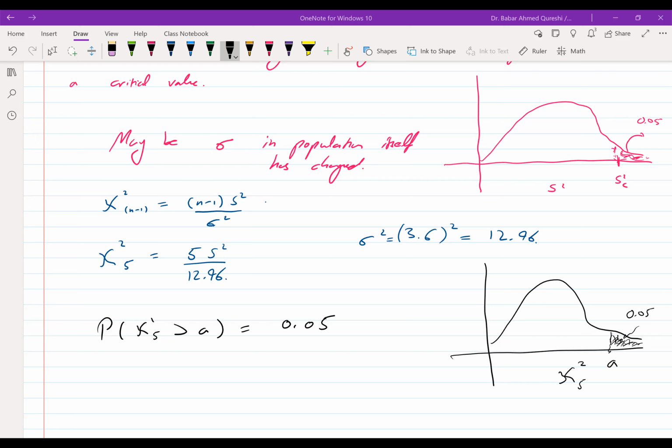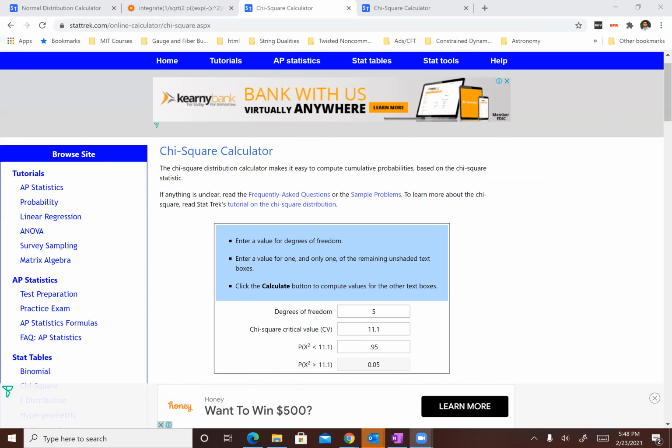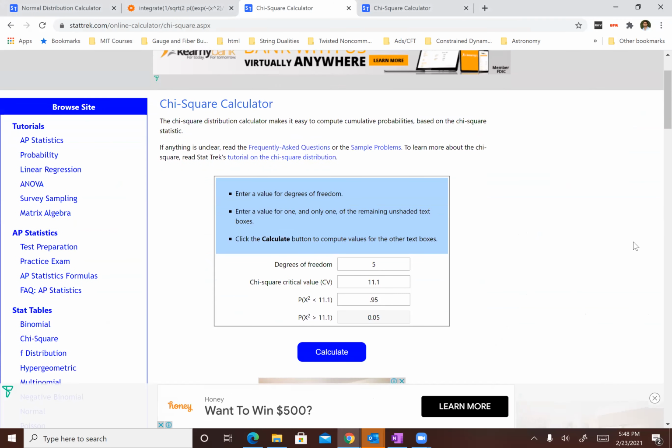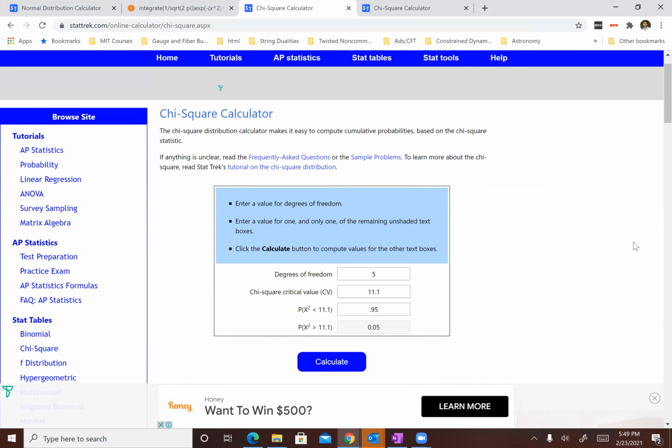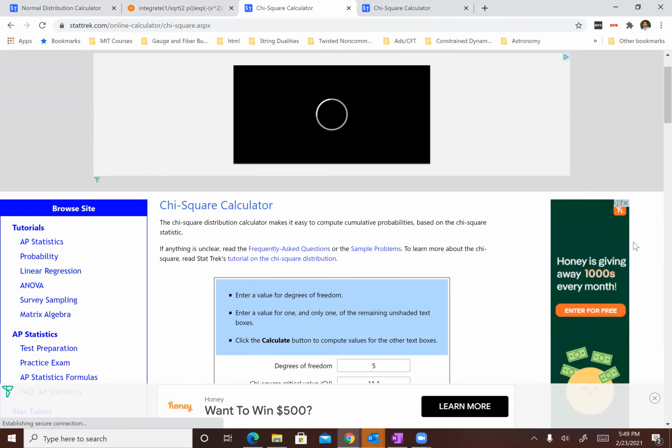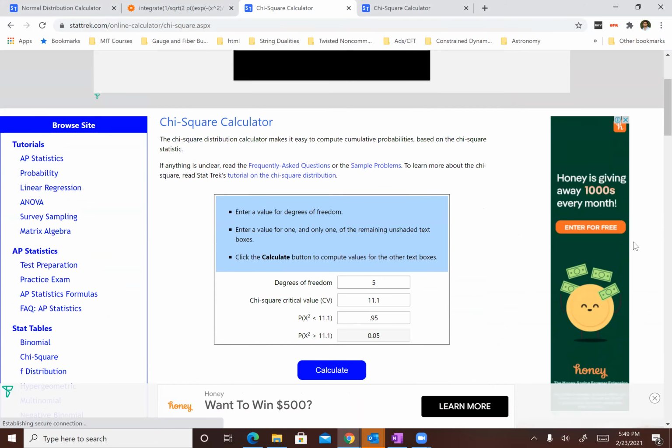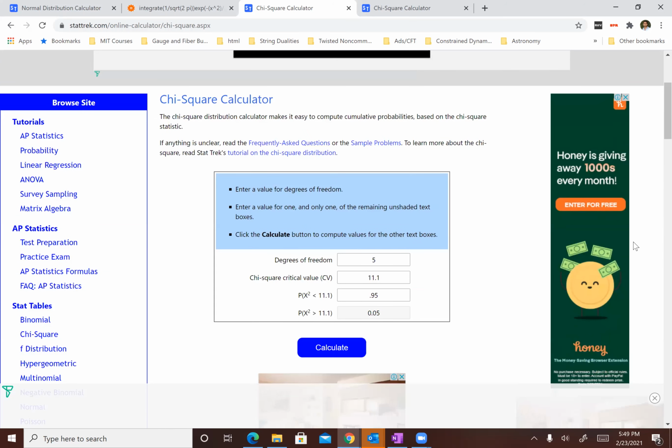Let me change the screen. Okay. So I have this chi-square calculator over here from the same website, stattrack.com. It has all kinds of online calculators for various probability distributions.